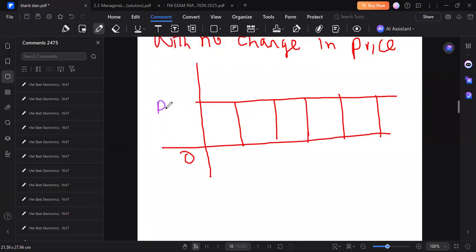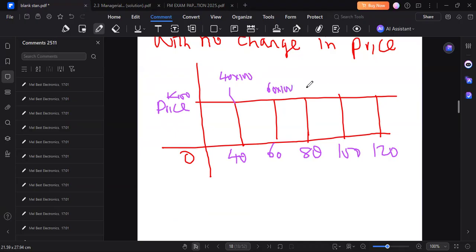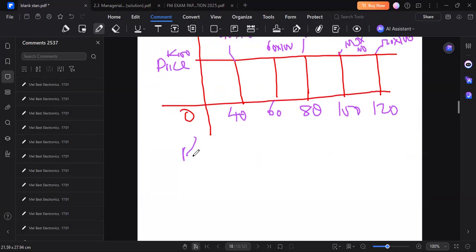So the price is at 100 kwacha and you can demand 40 units, 60, 80, 100, 120 units. So the total revenue will be 40 times 100, 60 times 100, 80 times 100, 100 times 100, 120 times 100.